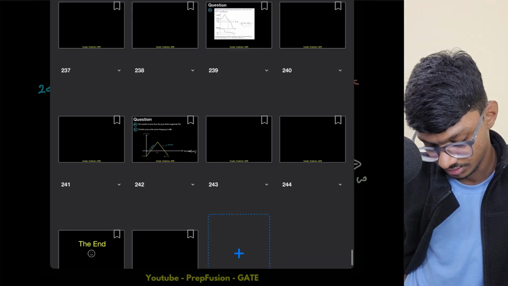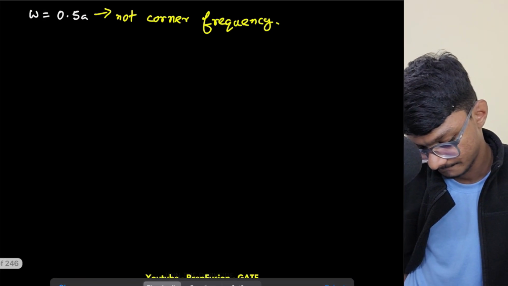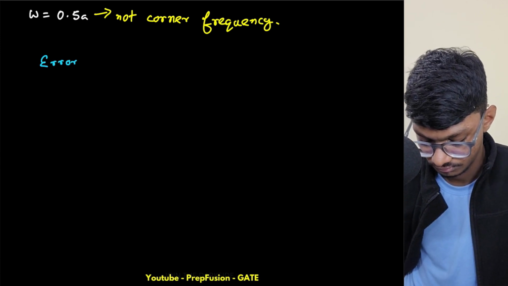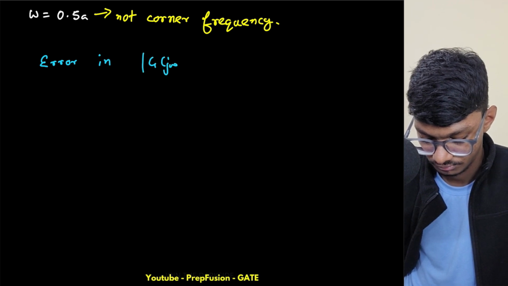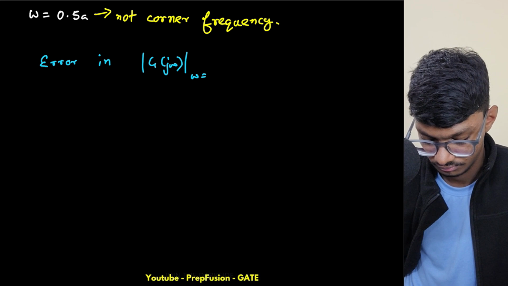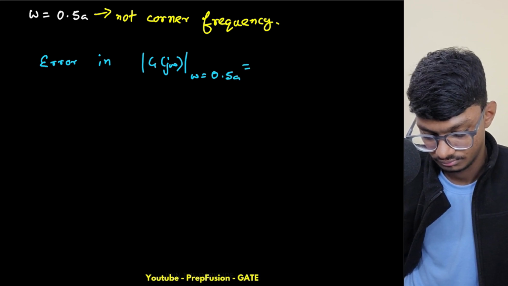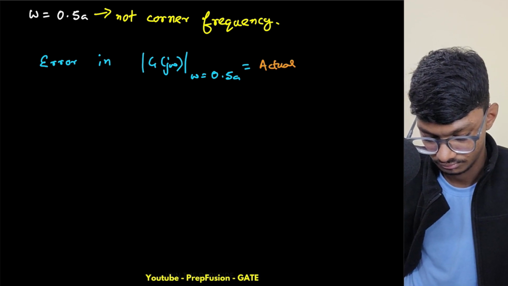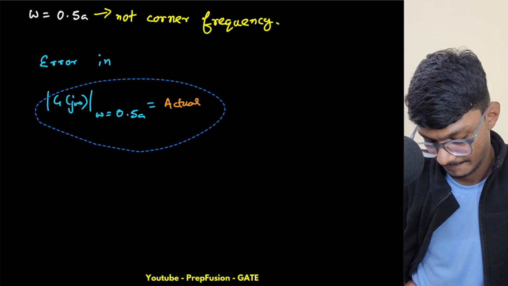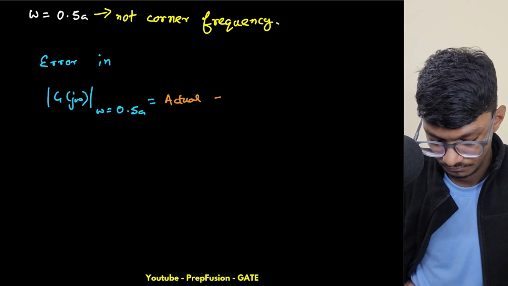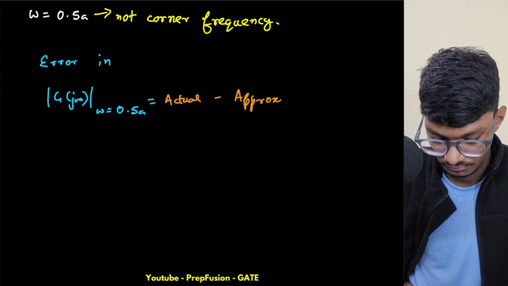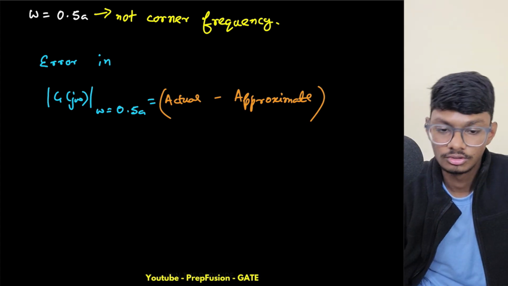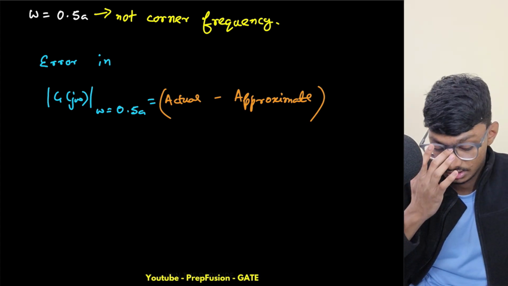If it is actual minus approximate, okay, so obviously what is the actual value?